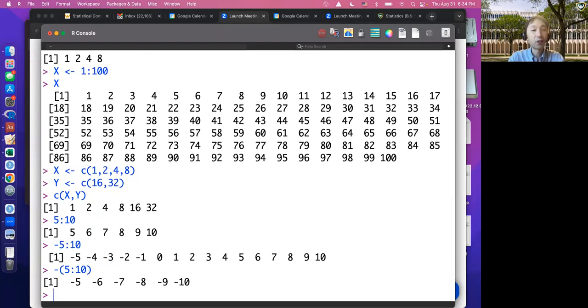So if you are unsure about the situation, I recommend you put some parentheses. For example, -5 to 10. This is a kind of vague statement, but if we put parentheses, it's clear that this is a sequence from -5 to +10.